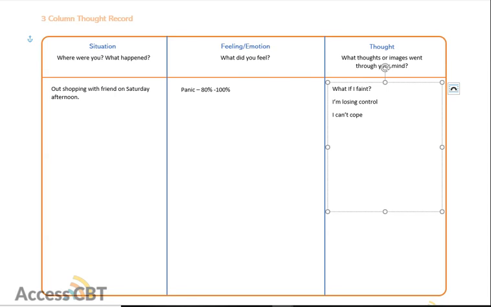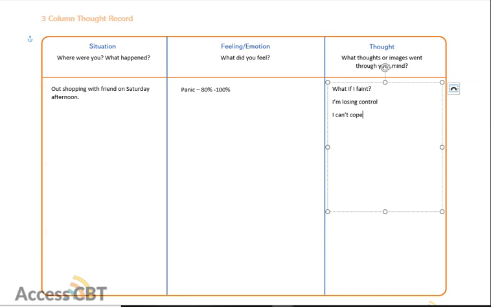Now each of these thoughts, the reason it's really interesting to identify these thoughts is because we're trying to make them less automatic. Okay, so often with a negative automatic thought, it pops into the brain, says what it's got to say, and it goes out of awareness before we're even consciously aware of it.